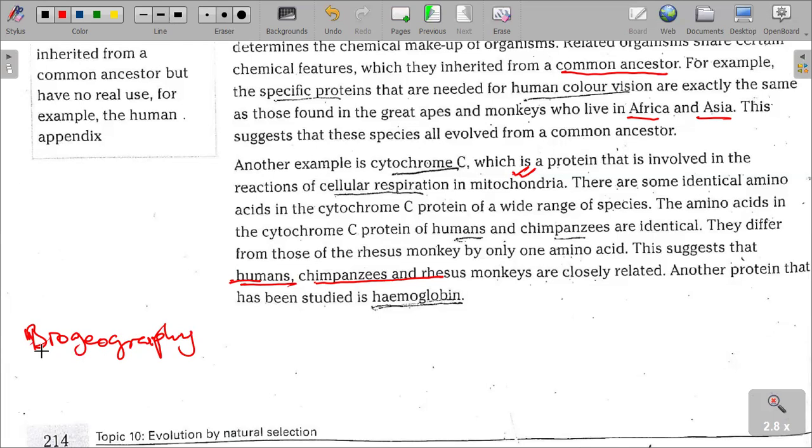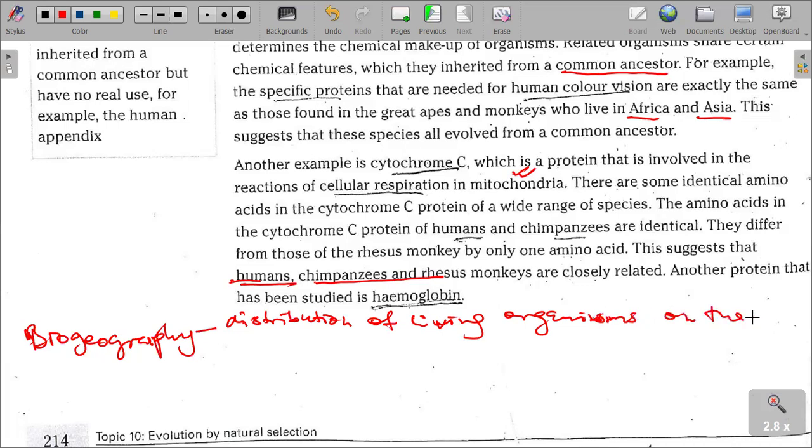Biogeography is the distribution of living organisms on the earth.